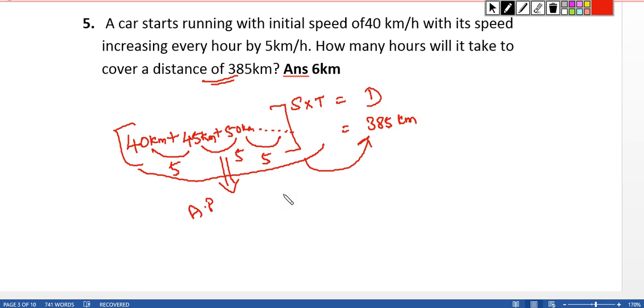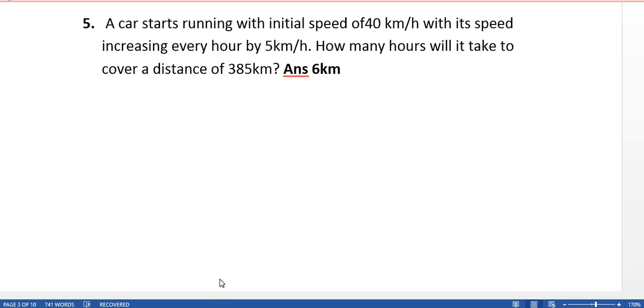What's the formula to find the summation of an arithmetic series, the summation of AP? If I remember the formula correctly, it is n by 2 into 2a plus n minus 1 something. I'll just check the formula and resume the recording.